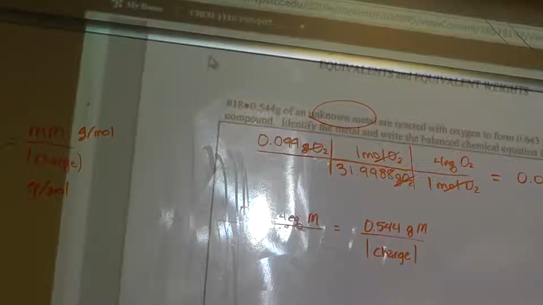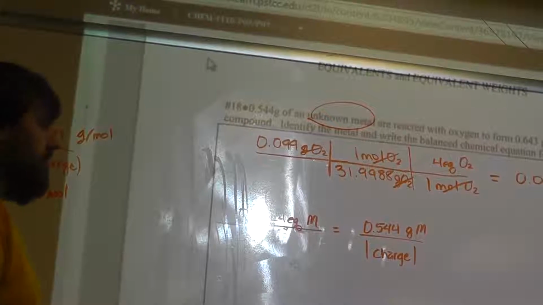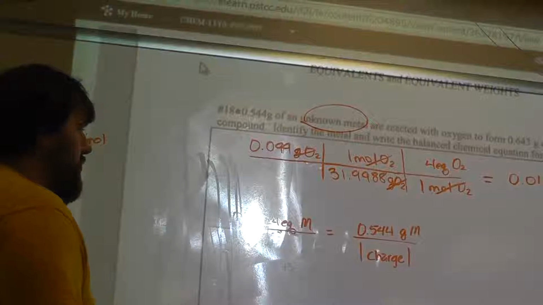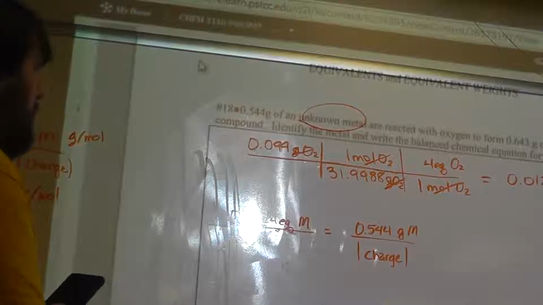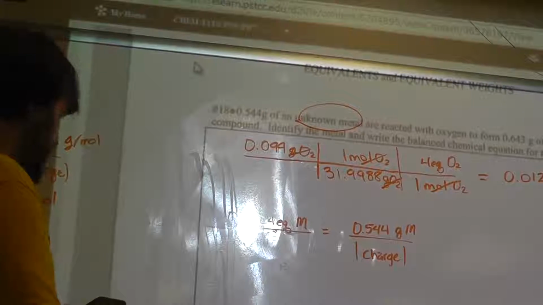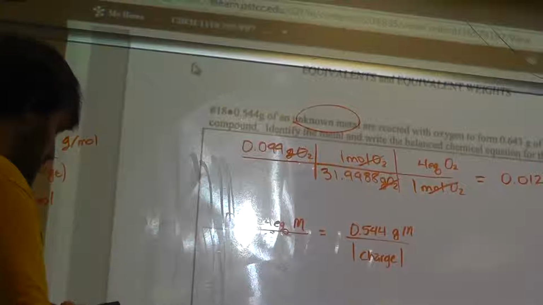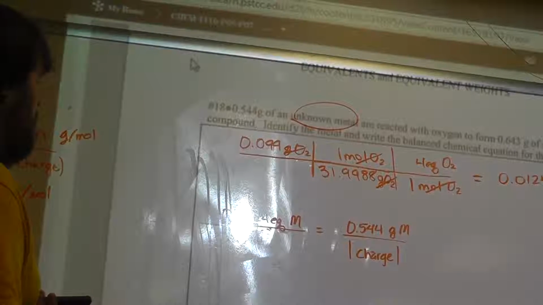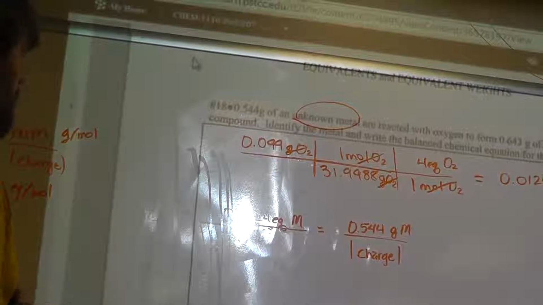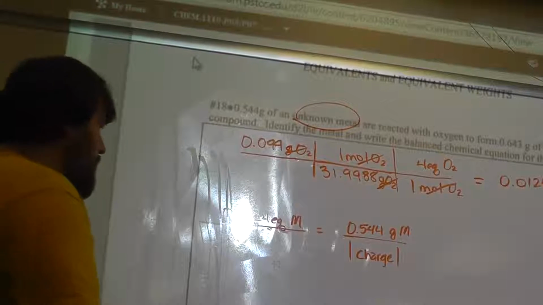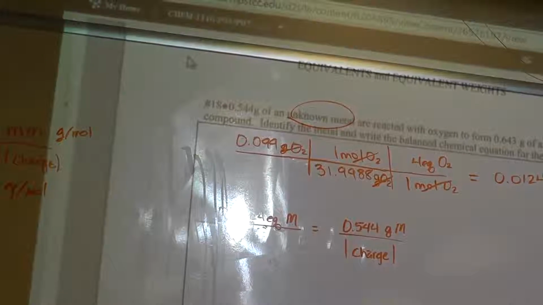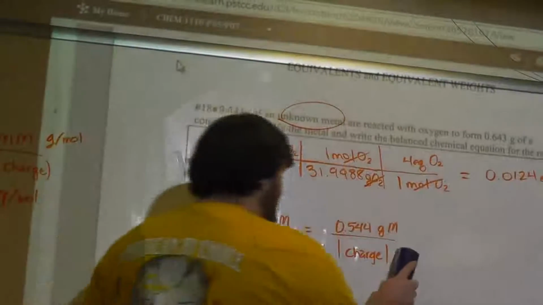What are you getting for the charge? 0.544 divided by 0.0124, and that equals 43.891. It's not going to give you your charge, it's going to give you your molar mass.